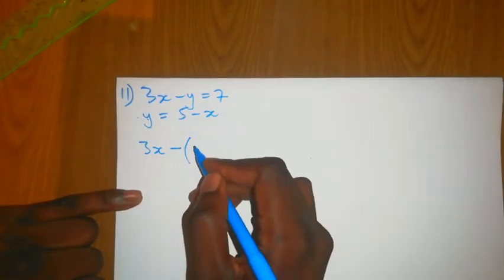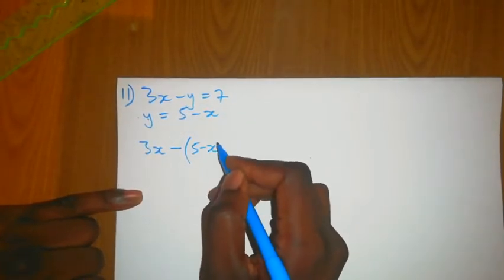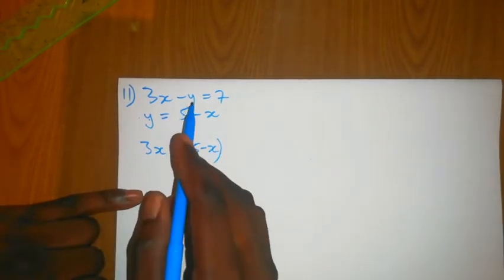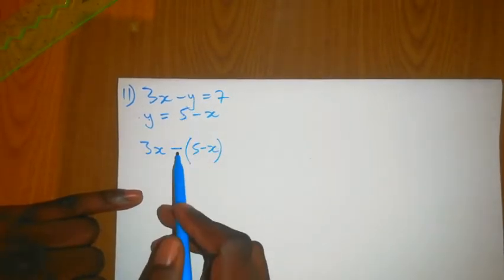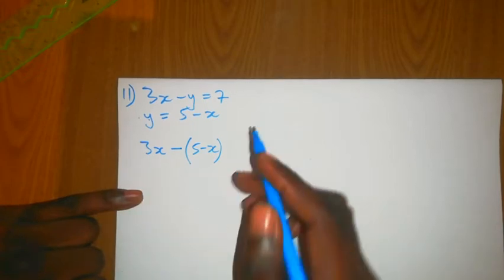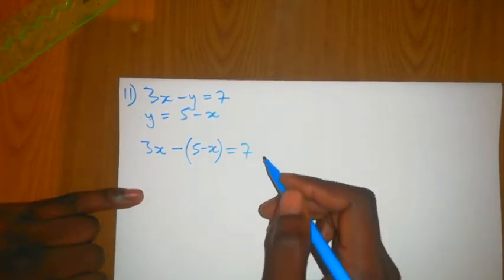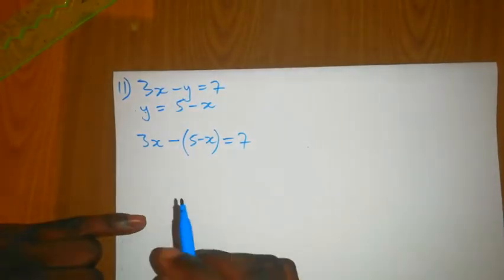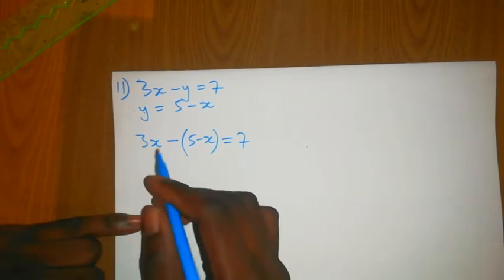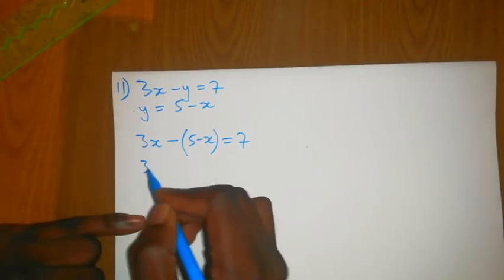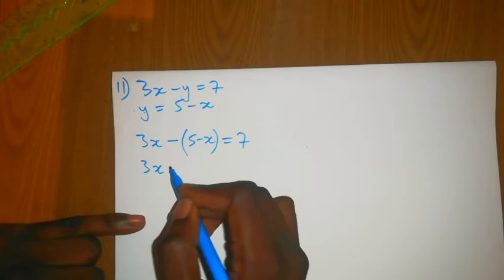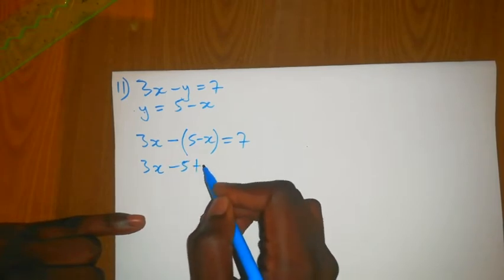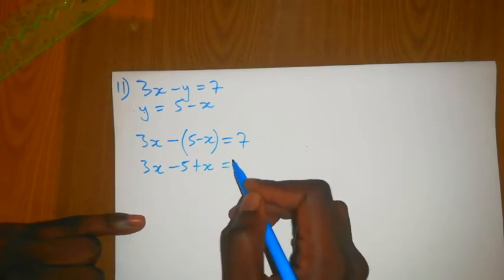So I'm substituting here 5 minus x. In that case, my y was negative, that's why I inserted that negative sign, is equal to 7. So we are going to find both the values of y and x using that same equation. So I'm going to have 3x minus 5 plus x is equal to 7.